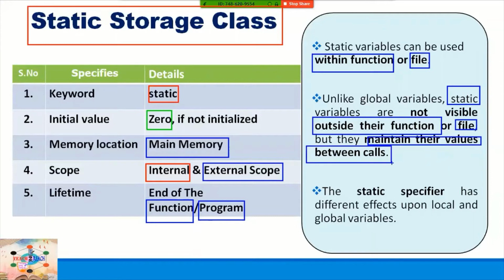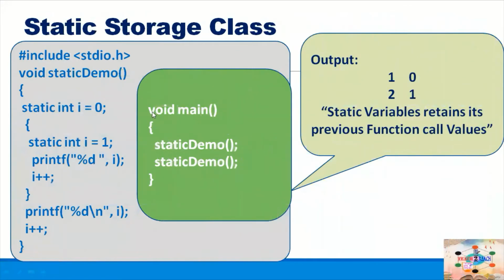Between calls, in the sense that during function calls, these static variables will retain their previous values. The static specifier has different effects upon local and global variables, which we will see with the help of an example in the next slide.